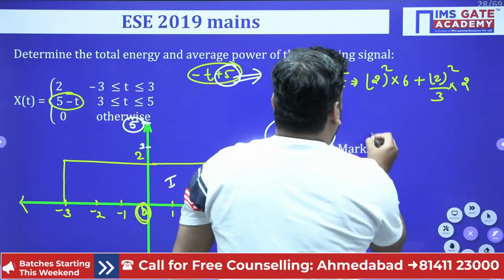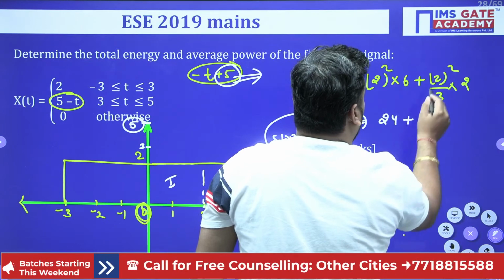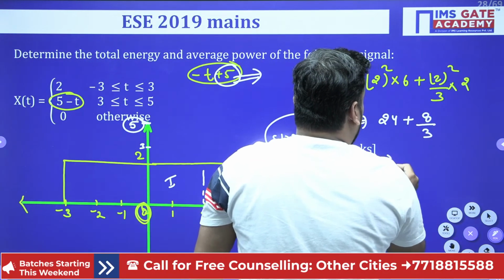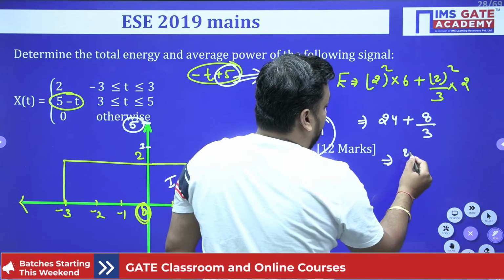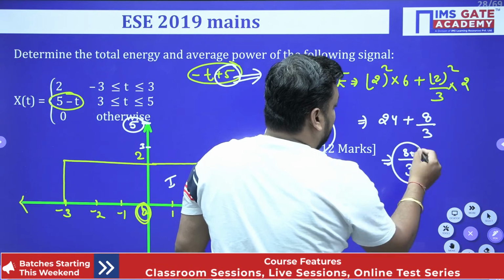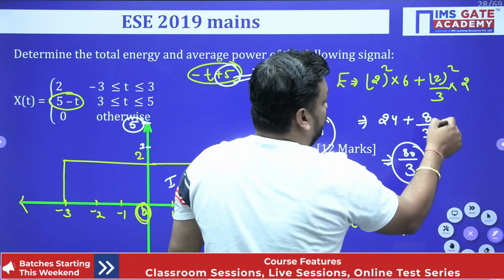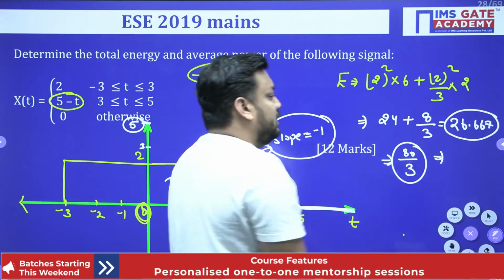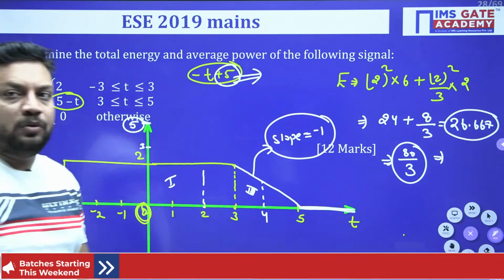So ultimately your energy will be 2 whole square is 4, 4 into 6 is 24, plus 2 whole square is 4, 4 into 2 is 8 by 3. When you take the LCM, it will be 72 plus 8, so it will be 80 by 3 exactly. Otherwise, you can also say it is 26.67 is the answer. Yes or no?